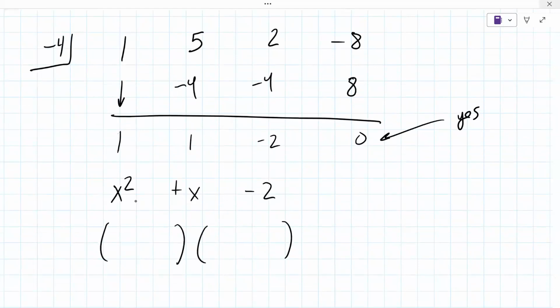Do you want to try factoring this? Two numbers that multiply to -2 but add to +1.